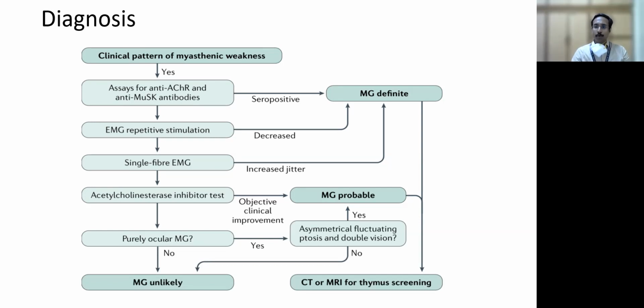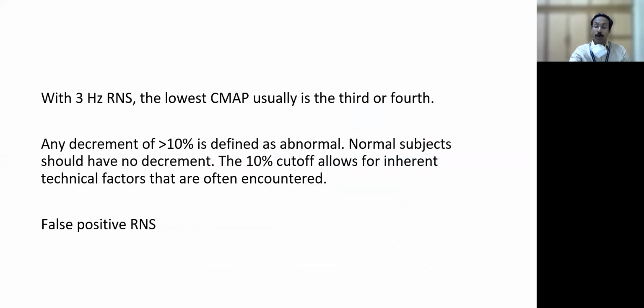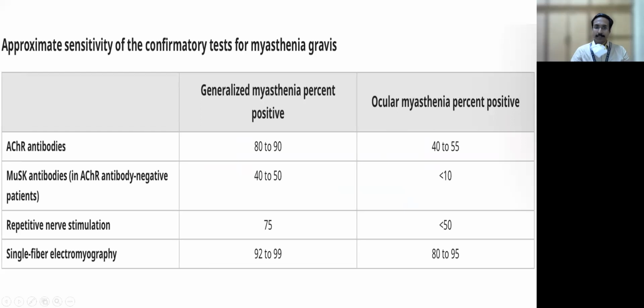It's important to understand that the specificity of the antibody is only good when you have generalized myasthenia gravis. Acetylcholine receptor antibodies are positive in 80-90%, highly specific and sensitive in generalized myasthenia gravis. But in ocular myasthenia, the sensitivity dramatically reduces.